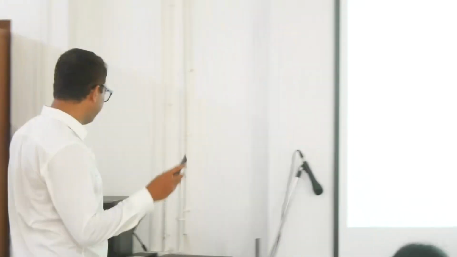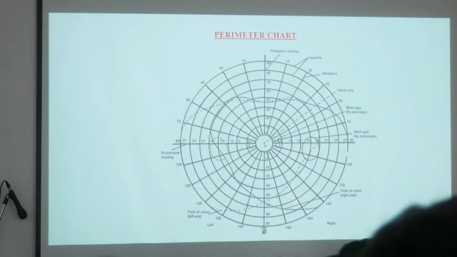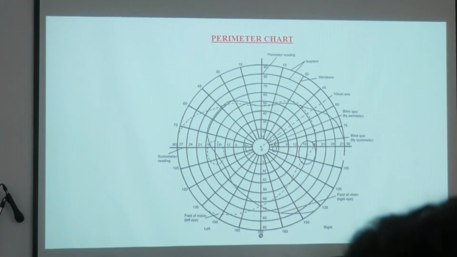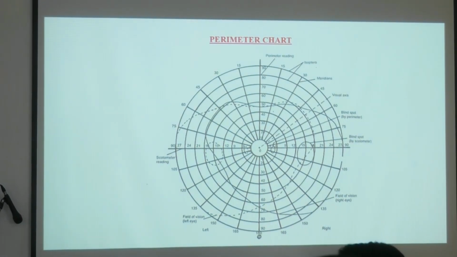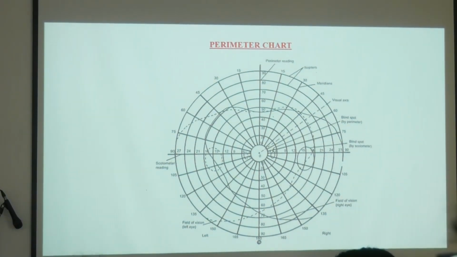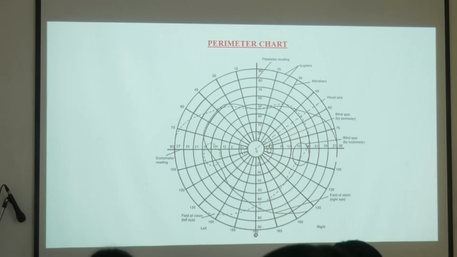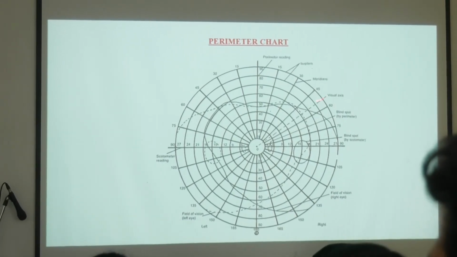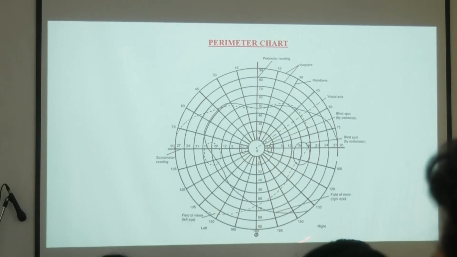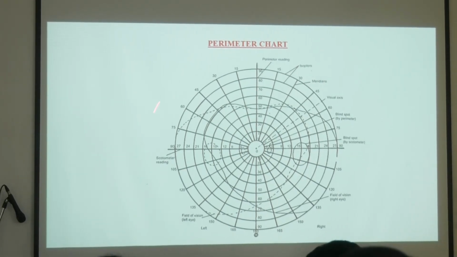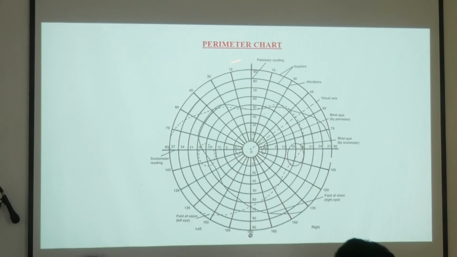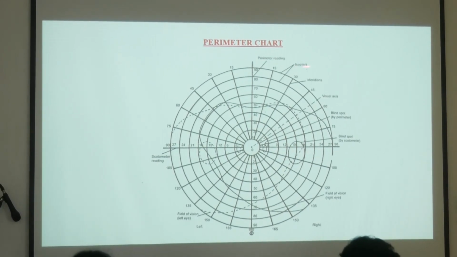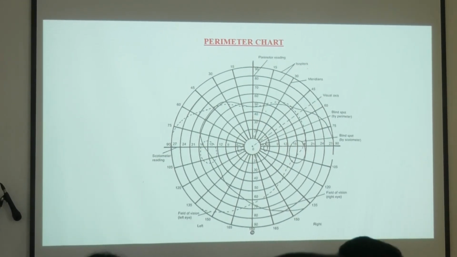Now here is the perimetry chart. You can see this. You see there are concentric circles, and these concentric circles are called isopters.